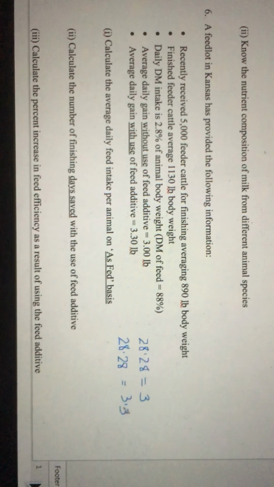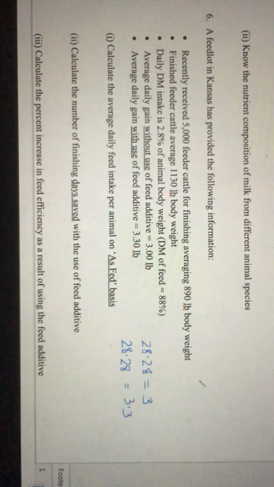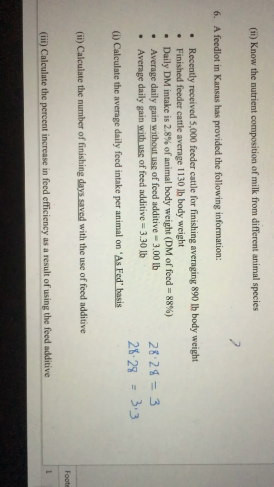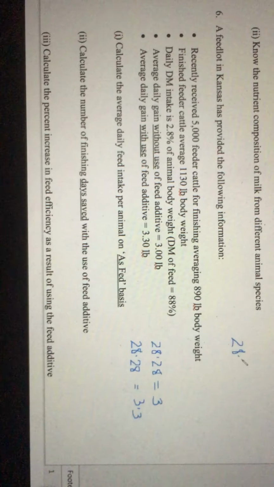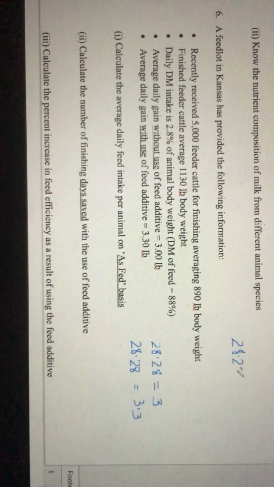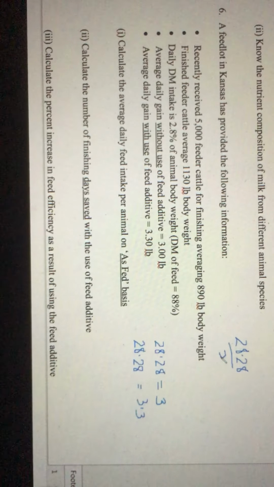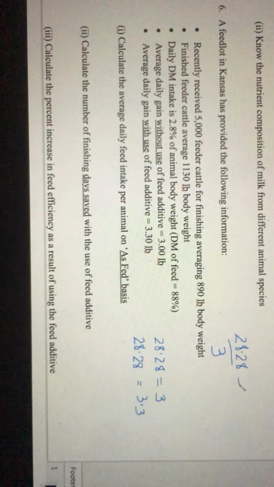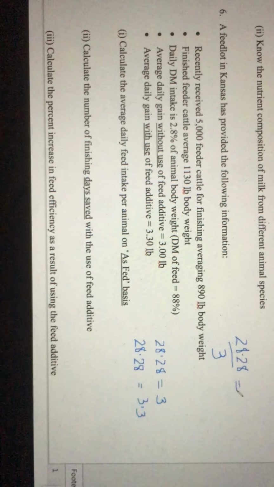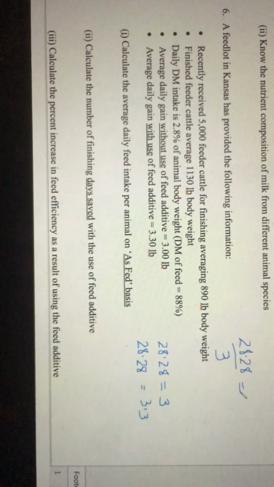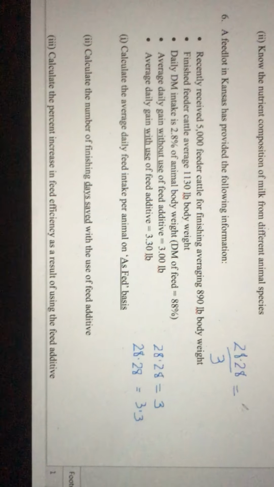The better one that I like to use a lot, which is easy for everyone to see, is you divide 28.28 divided by 3, and this equals to what you have here, 9.42.